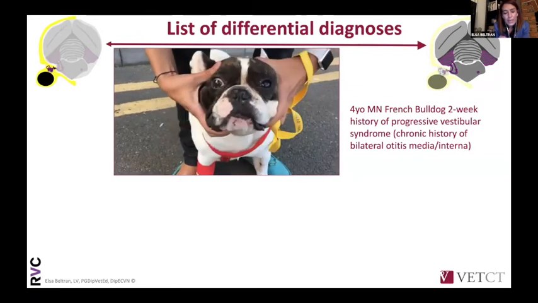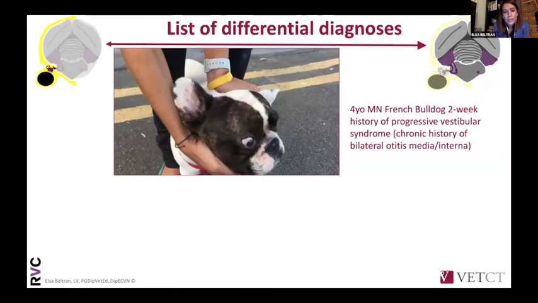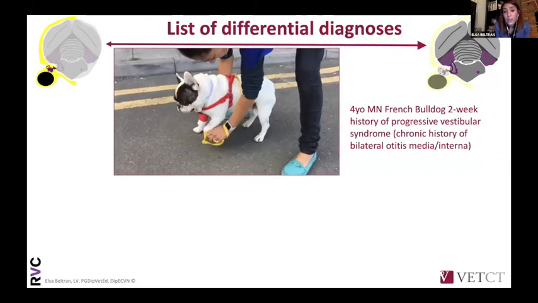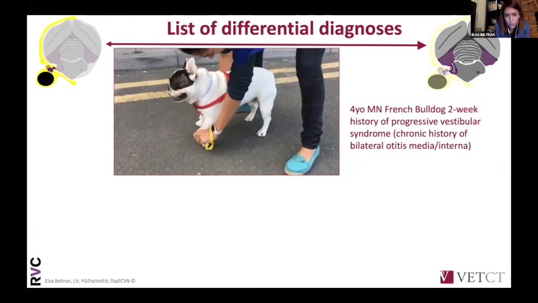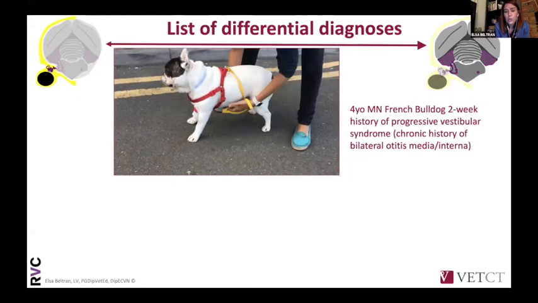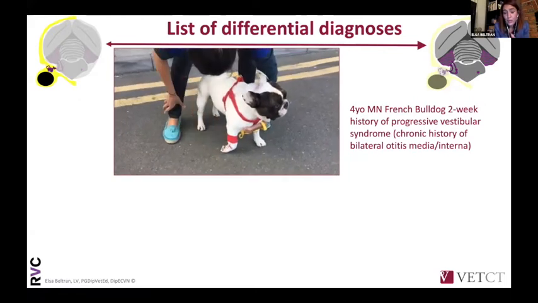So we have facial and vestibular signs, the head tilt towards the right, slightly leaning towards the right, and positional strabismus. But when we did the postural reactions, they were normal on the left side, but not on the right side. He has a right-sided head tilt and right postural reaction deficit.